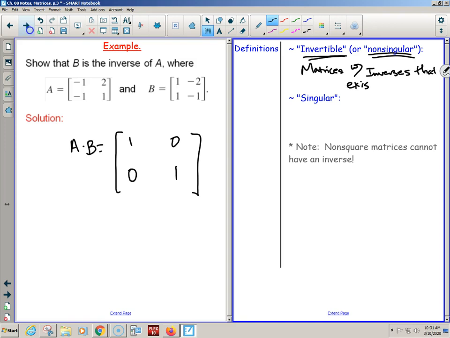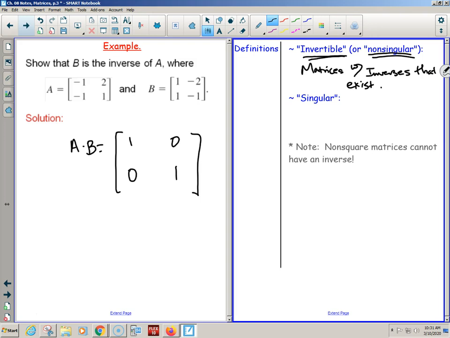Do I need to put that exists, matrices with inverses versus matrices that don't have inverses? I put that exists because it makes a little more sense in my head, but either way, invertible or non-singular are matrices with inverses that exist.